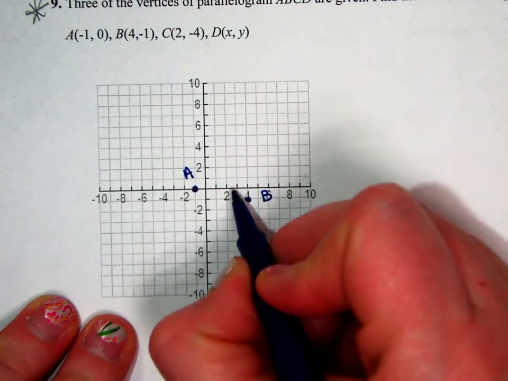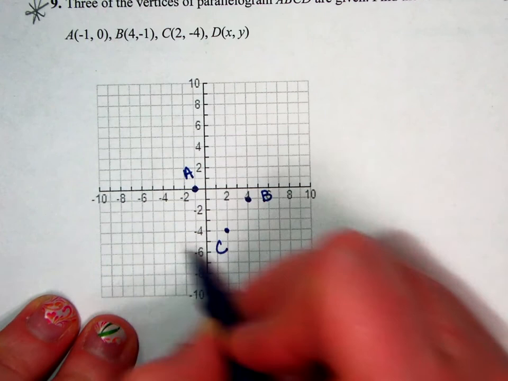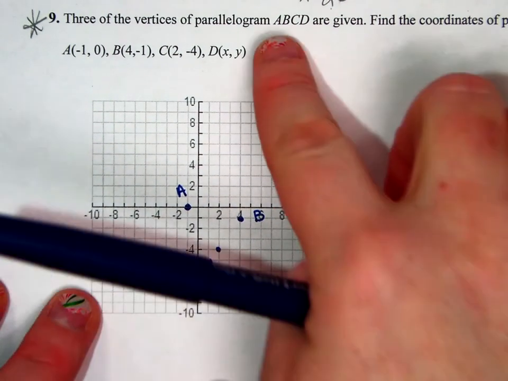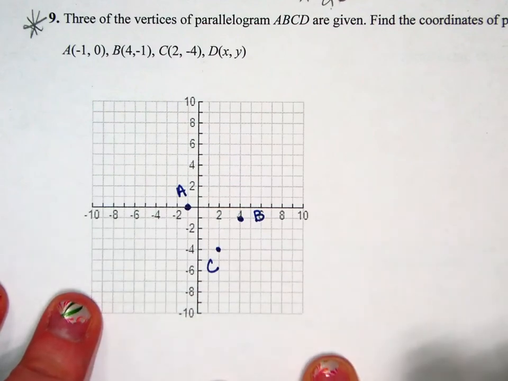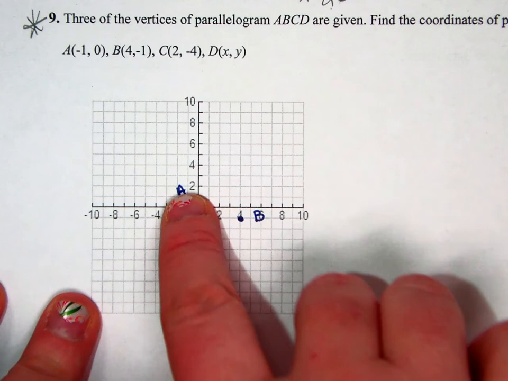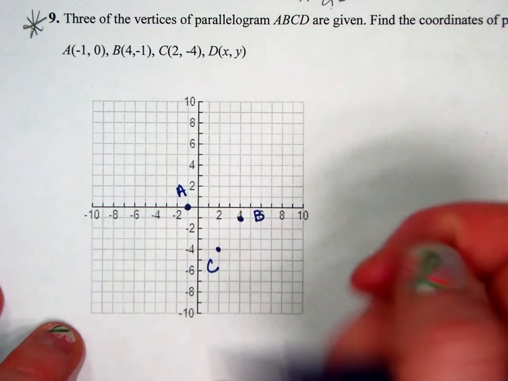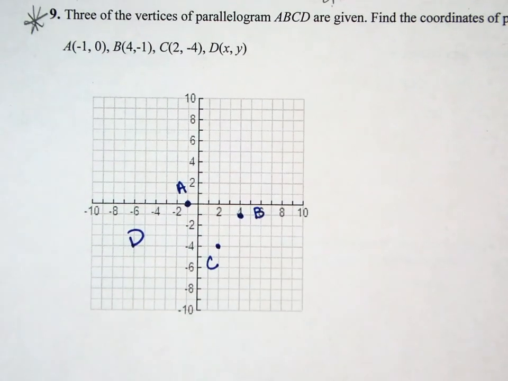C is 2, -4. And D is unknown. Now the thing about this parallelogram is the 4 vertices have to go in chronological order. So you have to go A, B, C, and D's got to be somewhere over here. So we know D has to be over here. Where it's at, not too sure.